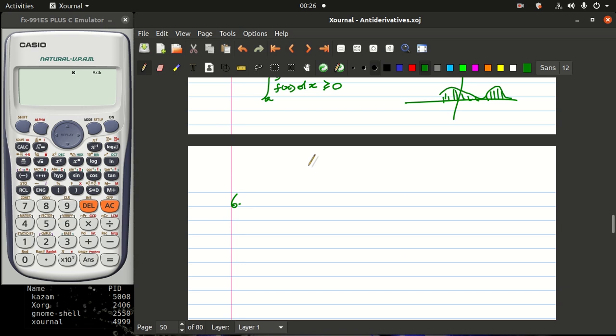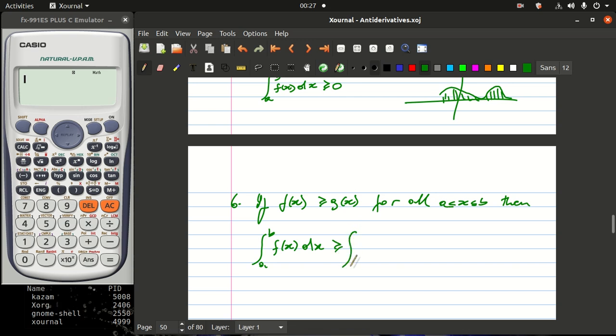The sixth one is saying, if I have two functions, but this function f of x is bigger than g of x for all x running between a and b, then whenever I am taking the definite integral from a to b of f of x, it must be bigger than the definite integral from a to b of g of x dx.